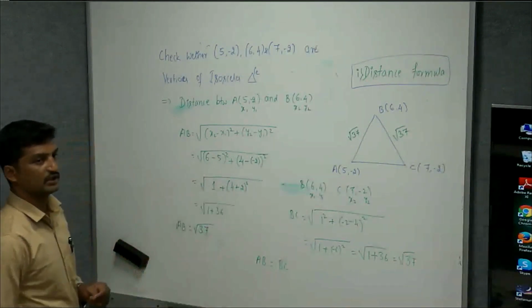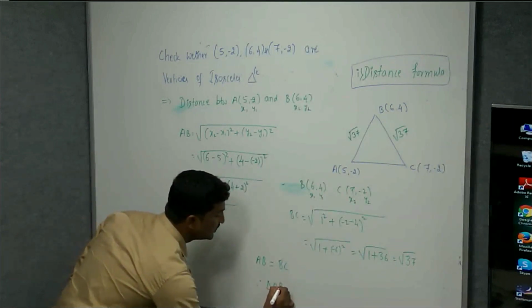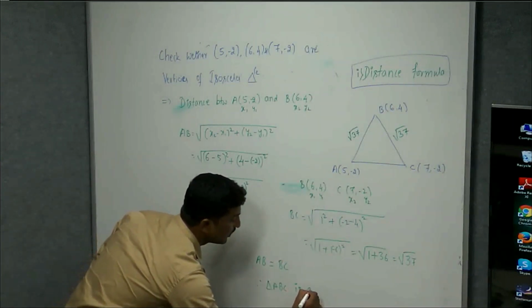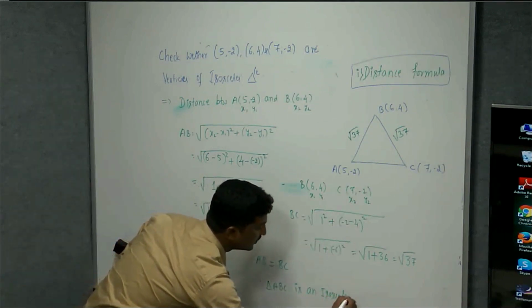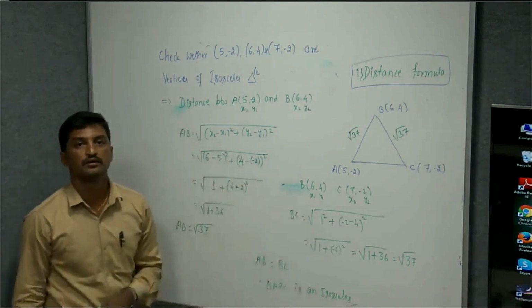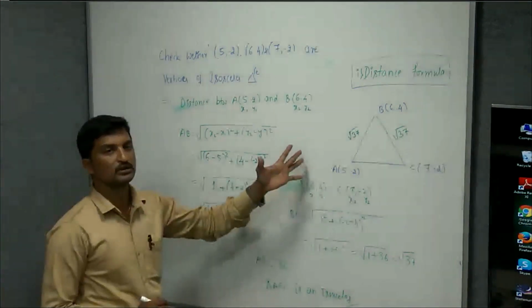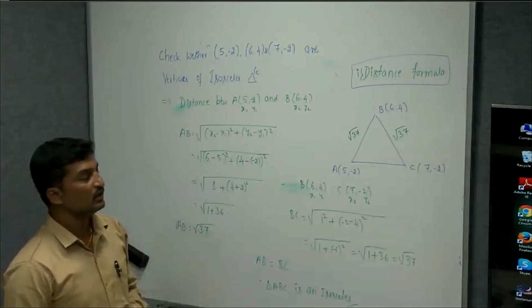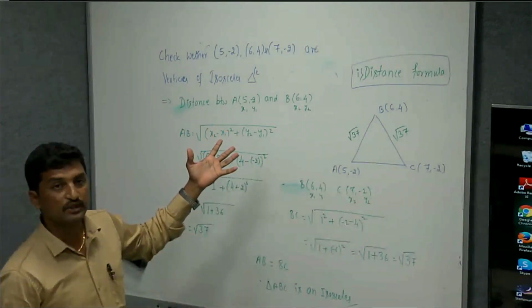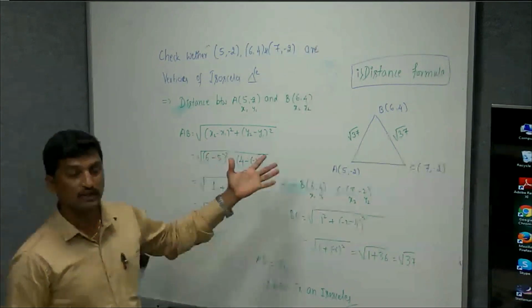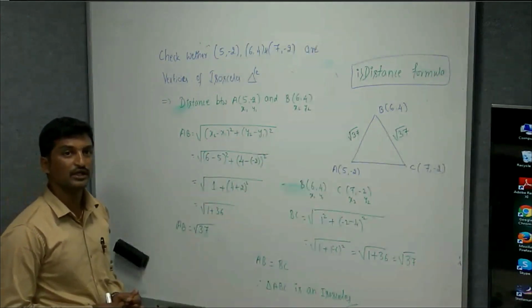If two sides are equal, therefore triangle ABC is isosceles. Is it clear? So here we applied the distance formula. Like that they may ask some questions. Instead of giving a triangle, they may give a rectangle or a square, so you should get ready for that.